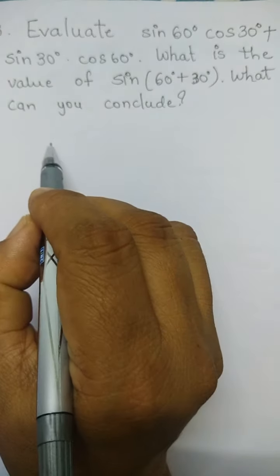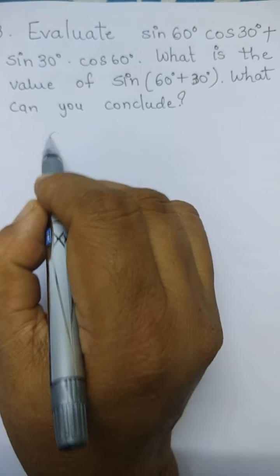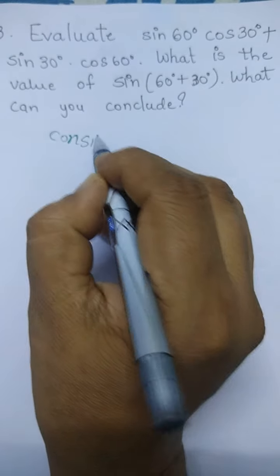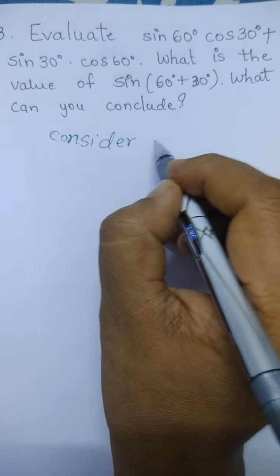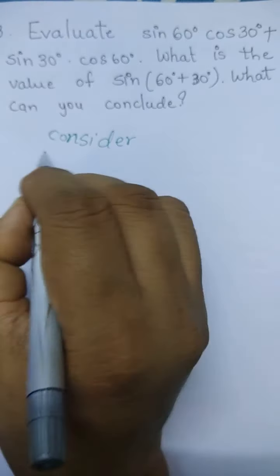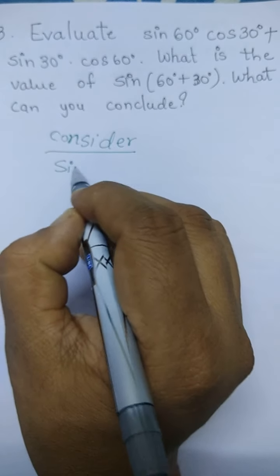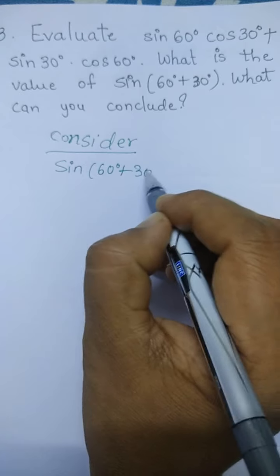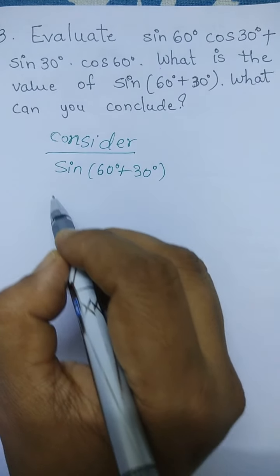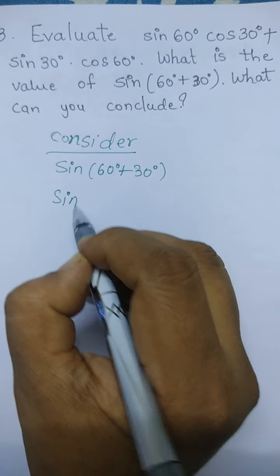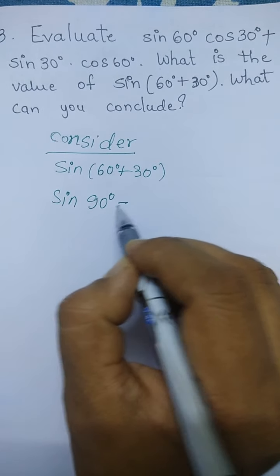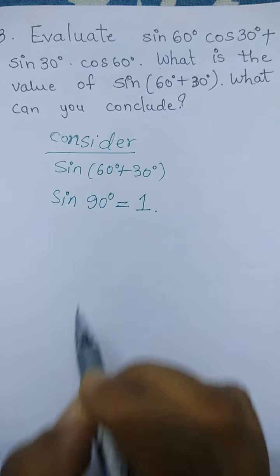First, we have to consider sine 60 degree plus 30 degree. So here 60 plus 30 is 90, and sine 90 degree is 1.